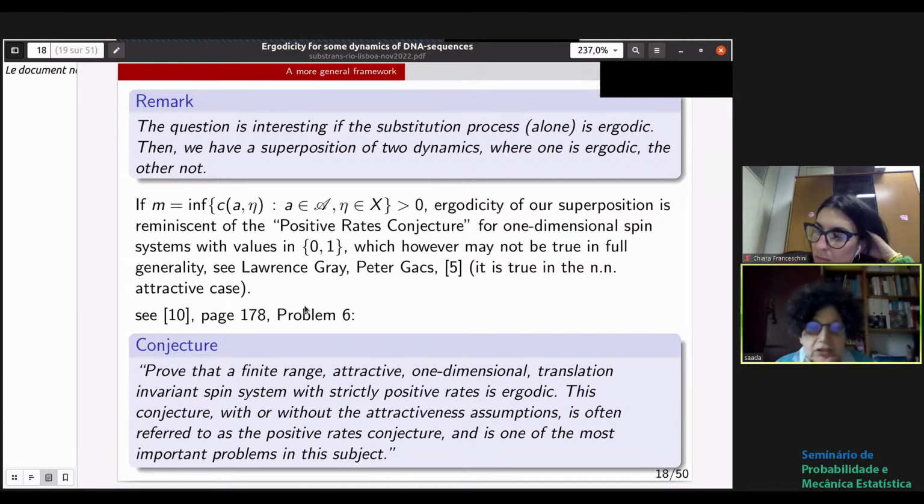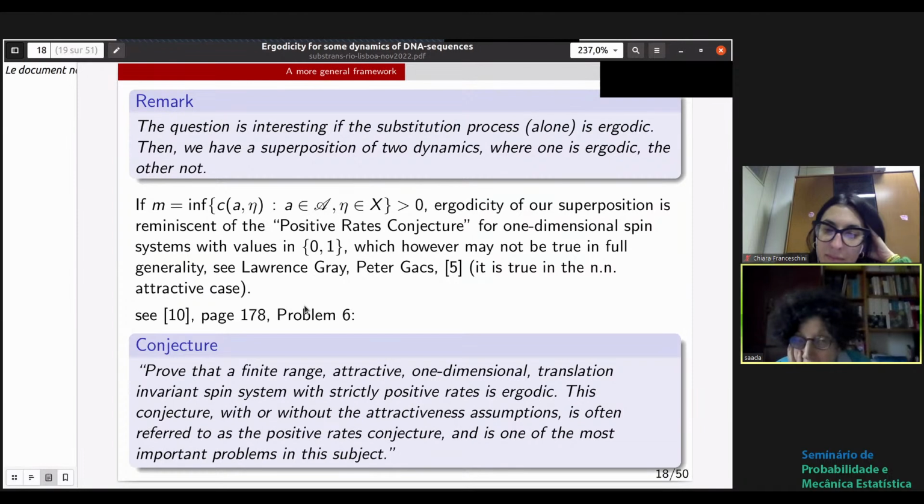And this is reminiscent of the positive rates conjecture, which many people worked on in the 80s or 90s. And this was done for one-dimensional spin systems with values in 0, 1. And it's not general. I mean, it was proven that in the nearest neighbor attractive case, if the minimal rate is positive, then the dynamics is ergodic.